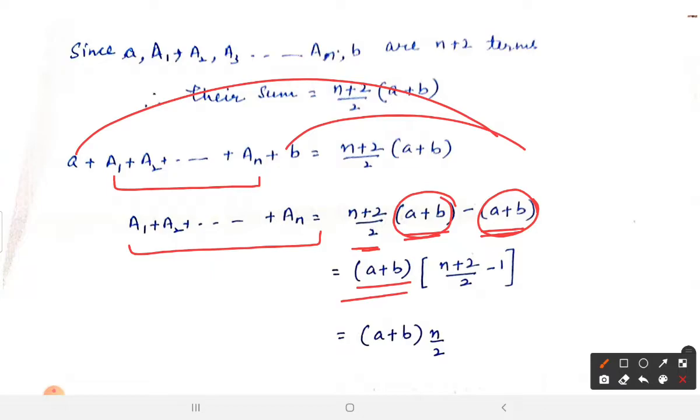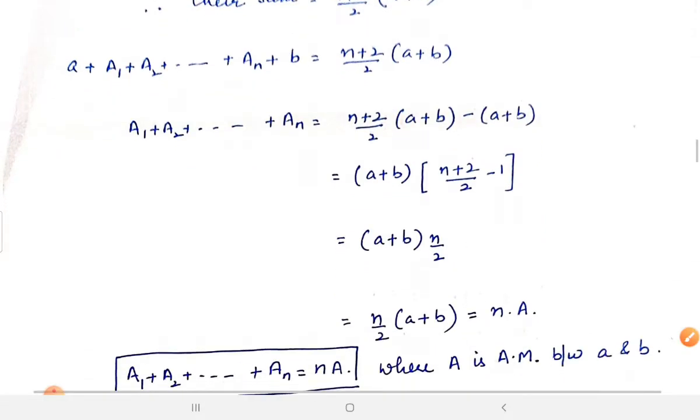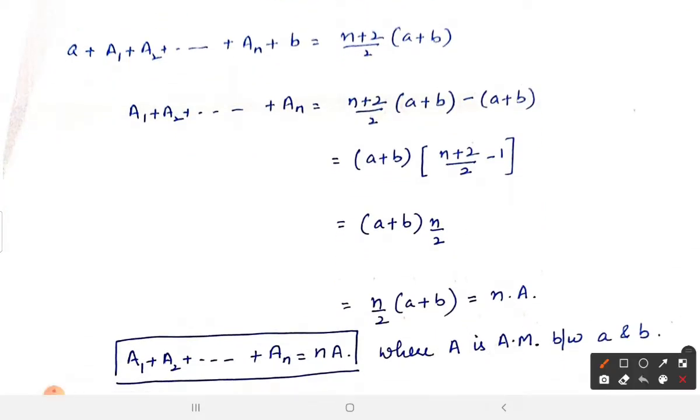In the bracket we are left with n plus 2 by 2 and here it is minus 1. Take LCM as 2. We have n plus 2 minus 2. 2 cancels with 2, so we have n by 2. So now we get the sum of these n terms is equal to a plus b times n by 2.